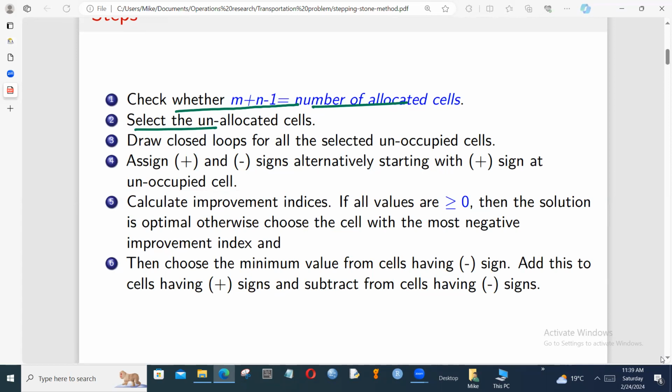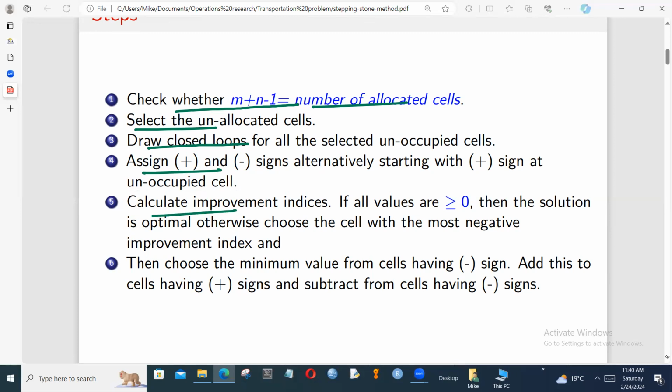And this time, instead of computing the dual variables, we begin straight away the process of finding the improvement indices, where it is first required to draw closed loops for all those unoccupied cells, then assign alternating positive and negative signs, starting with the starting point. And remember, the starting point of that loop is always the unoccupied cell that has been selected.